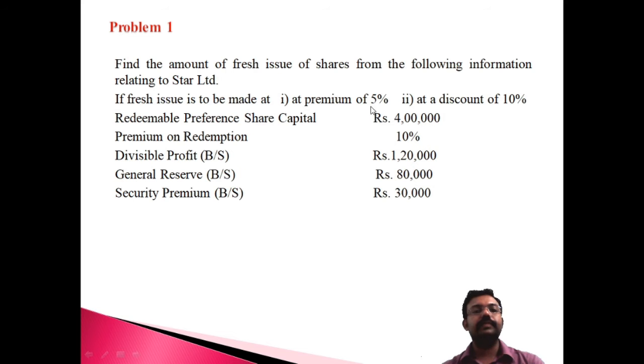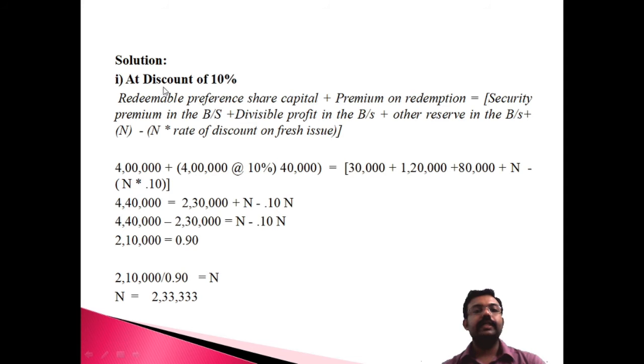That's the first question, where the premium is 5%. The second question is at a discount. That means you have the redemption at a premium and the shares issued at a discount. At a discount, the same formula: redeemable preference share capital plus premium on redemption equals securities premium in the balance sheet plus divisible profit in the balance sheet and other reserves in the balance sheet, plus n minus n into rate of discount.